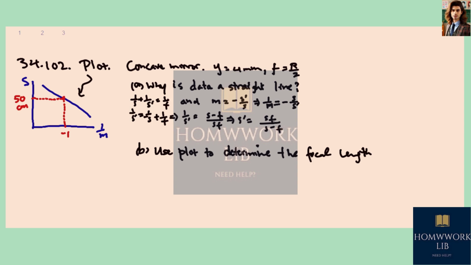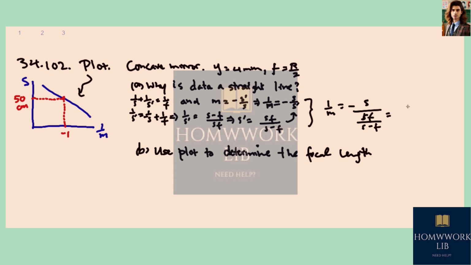And now I substitute this value into my 1 over m equation. So then I will get 1 over m is minus s divided by s prime, which is now s times f divided by s minus f.